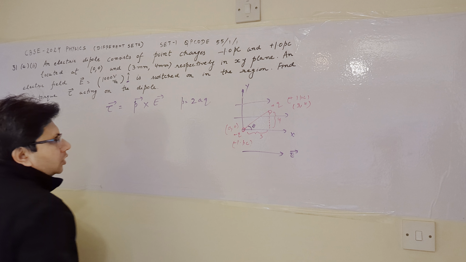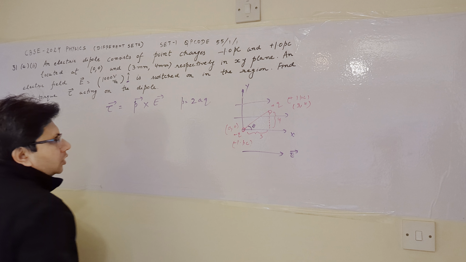Suppose this is point O, this is A and this is B. Then this is a right angle triangle with the right angle at the point A, and OB is the hypotenuse, and this length is 3 and this is 4. So this length is the square root of 3 squared plus 4 squared, so the square root of 25, which comes out to be 5.